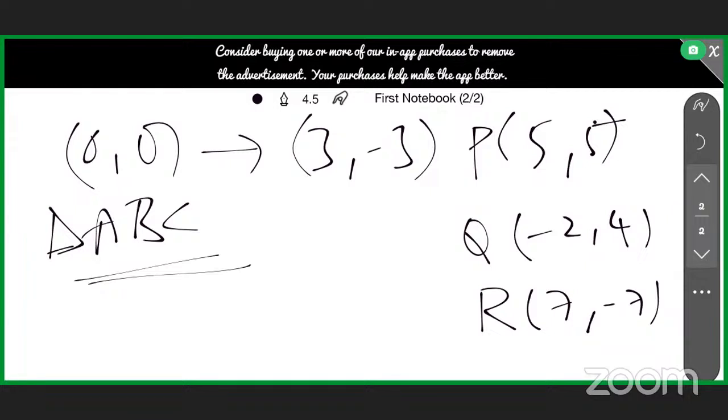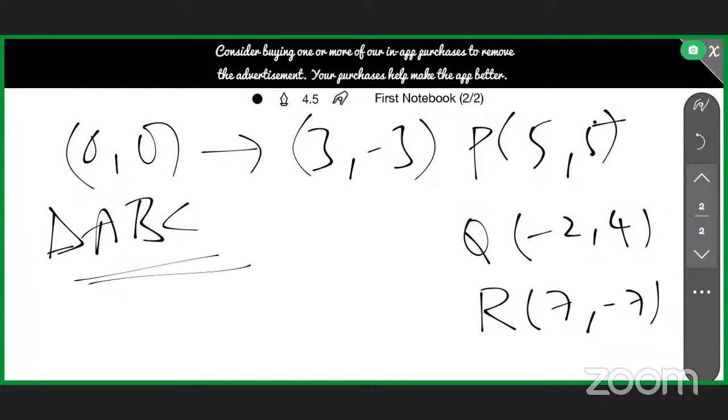Can I tell the answer? 43 square units. Very good. Correct.